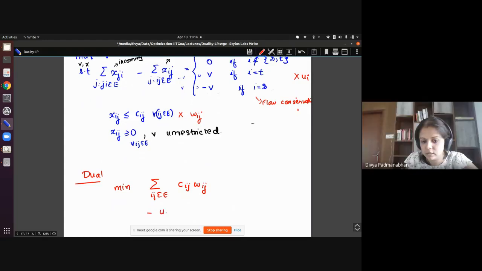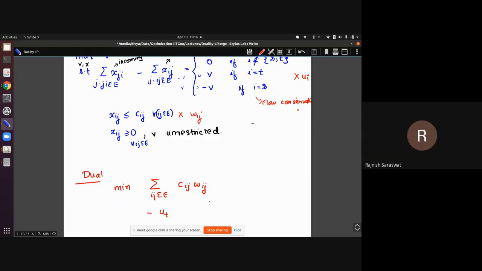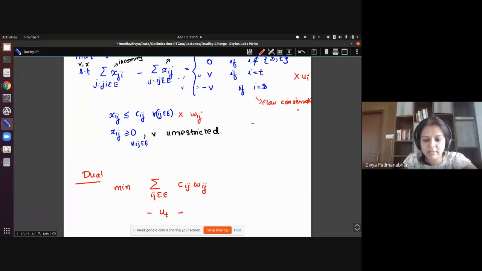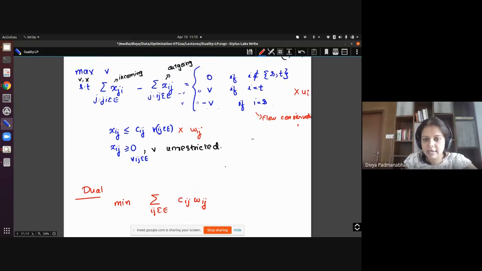Yes, us minus ut. You won't have v in the dual because v is the primal variable. You only have the coefficients of that coming in the dual. So us minus ut is what you get.